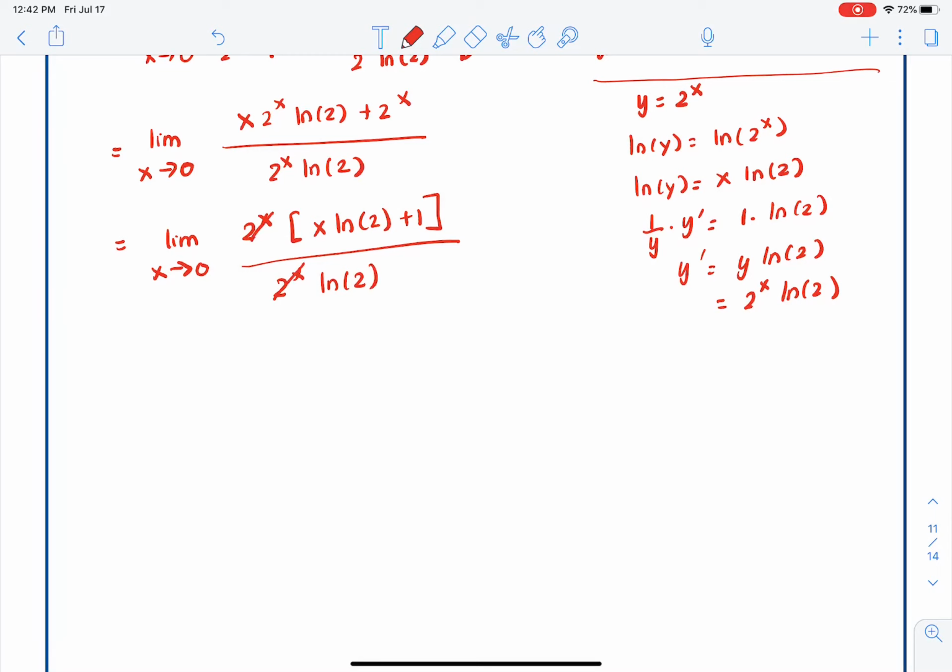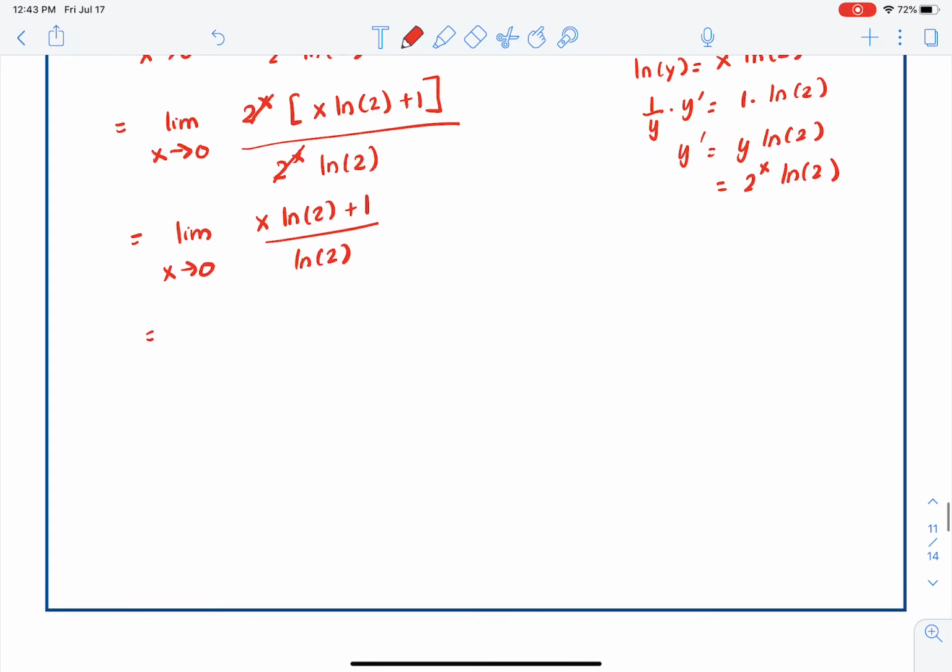Those two would go away, and we would have x ln of 2 plus 1 over ln of 2. Apply the limit. We have 0 times ln of 2 plus 1 over ln of 2. So the limit is 1 over ln of 2.